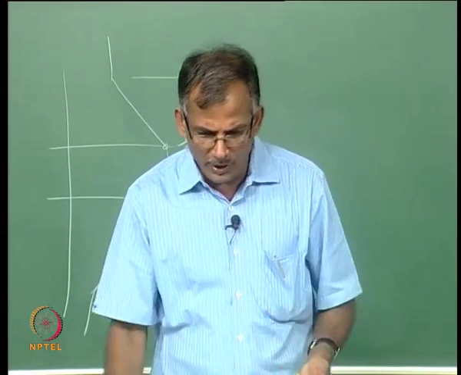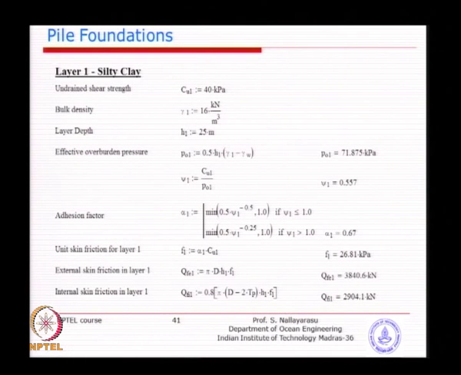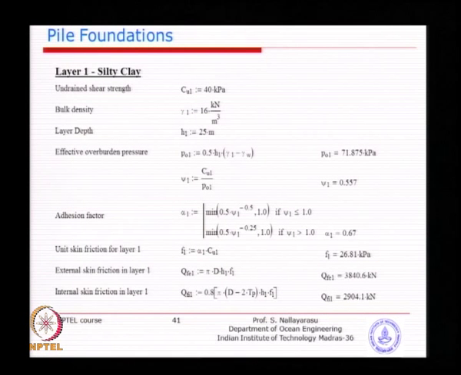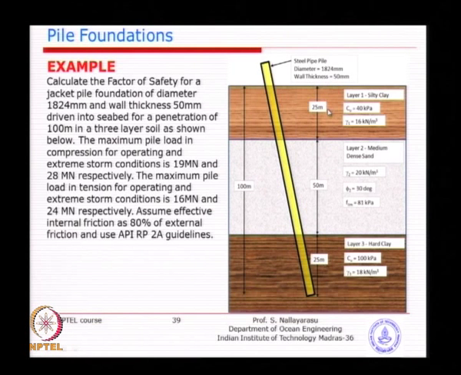So, in this particular case, the formula for overburden pressure is half H1 multiplied by the effective density. Effective density is your bulk density minus water density. All of them I am working on the basis of weight density, not mass density. So, you can see why I have put half, because I am evaluating at the center of that layer.